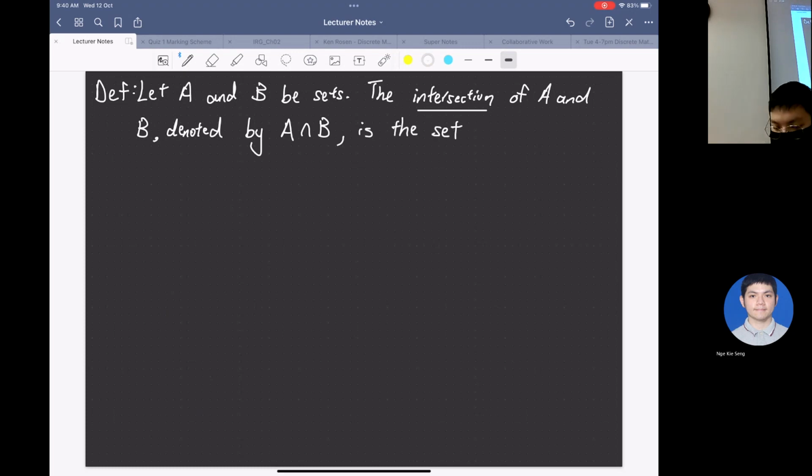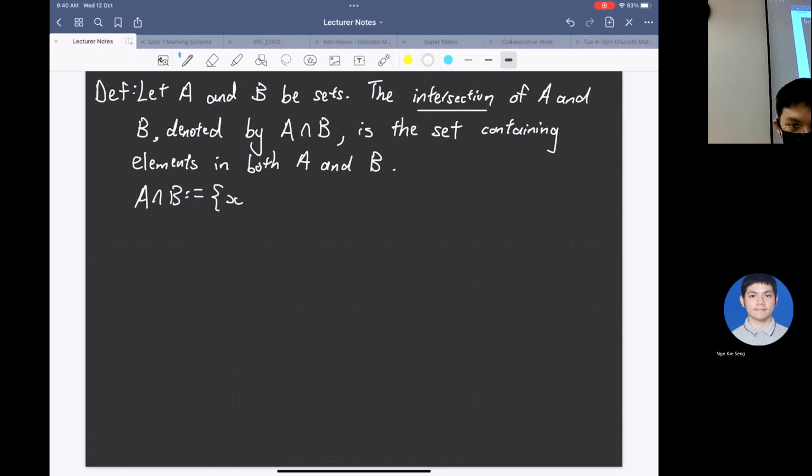Union is a set too. So you take two things, you get another set. It's the set containing elements in both A and B. So A intersect B is the elements that are in A and in B.